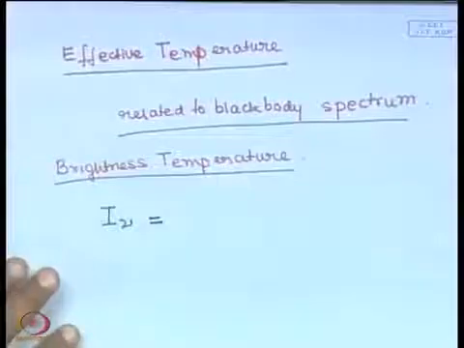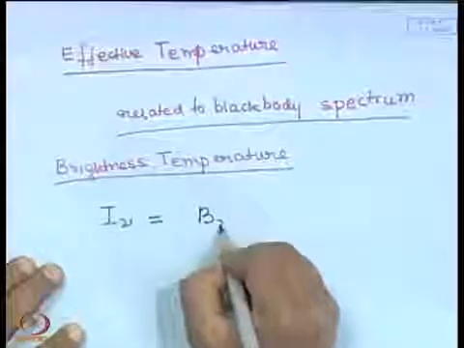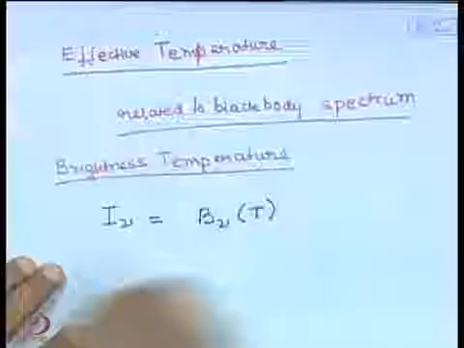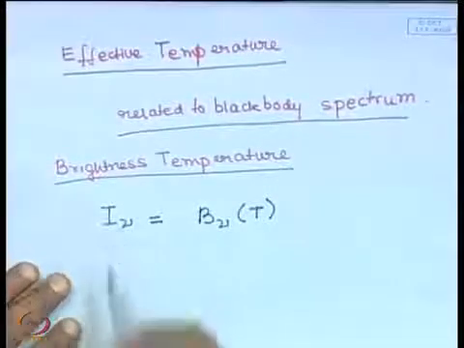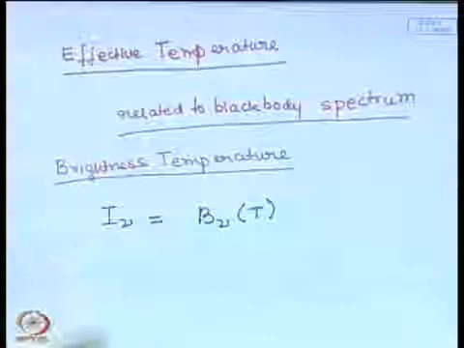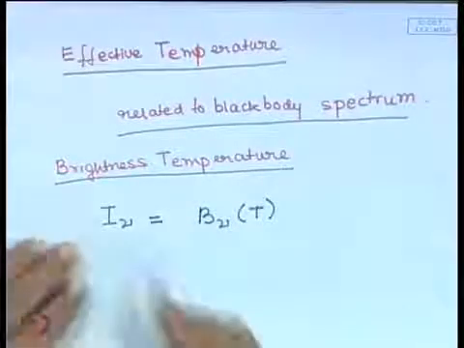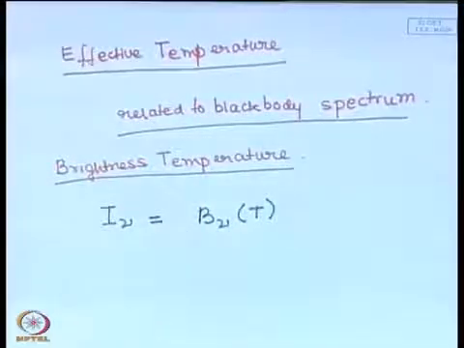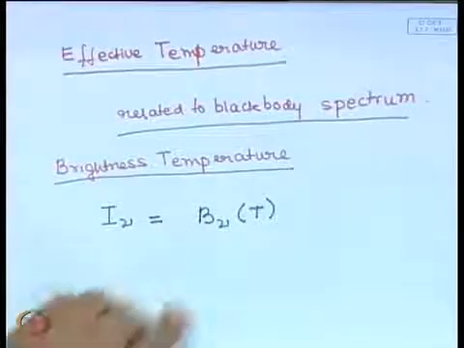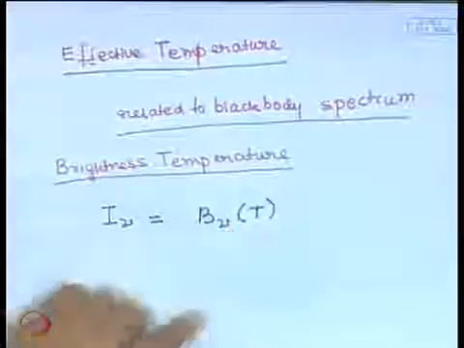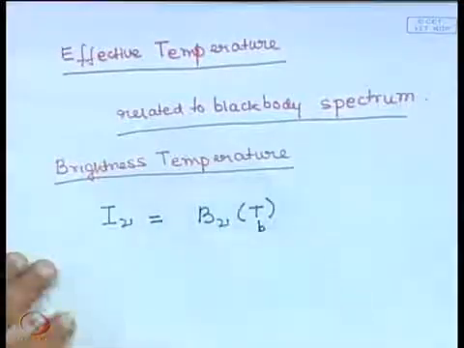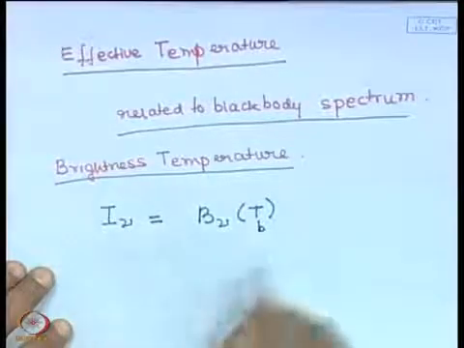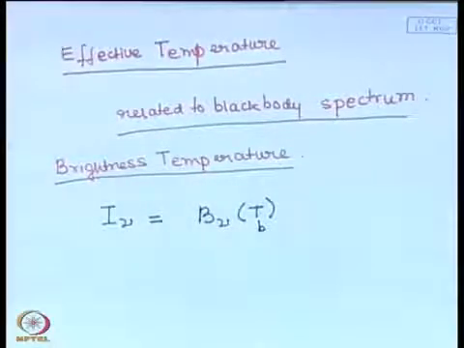If we assume that, then we can say that if it were a black body, then this should be equal to the Planck function at some temperature T, right. I have measured the specific intensity at a particular frequency. If I assume that it is a black body, then that directly tells me the temperature of the black body. This temperature which I associate with the radiation is called the brightness temperature of that radiation, okay.